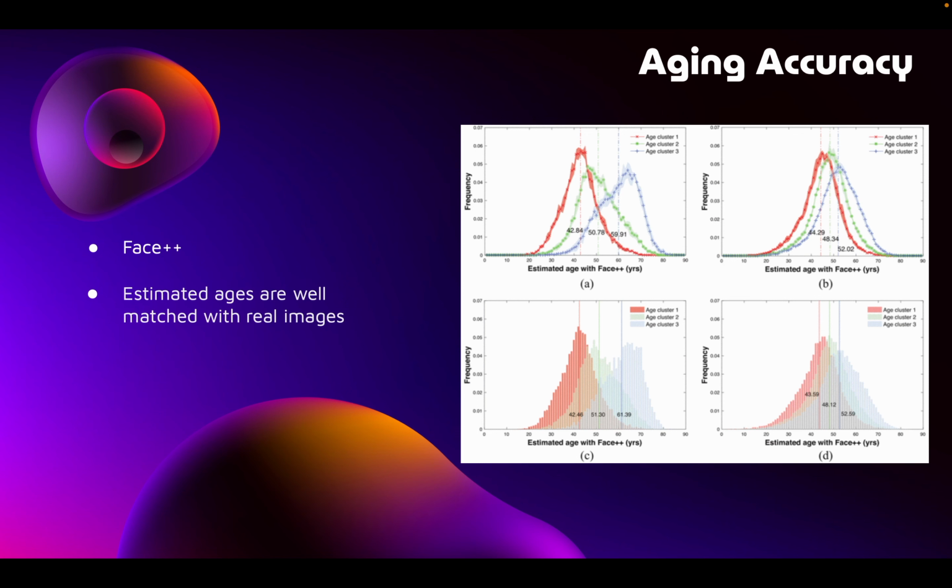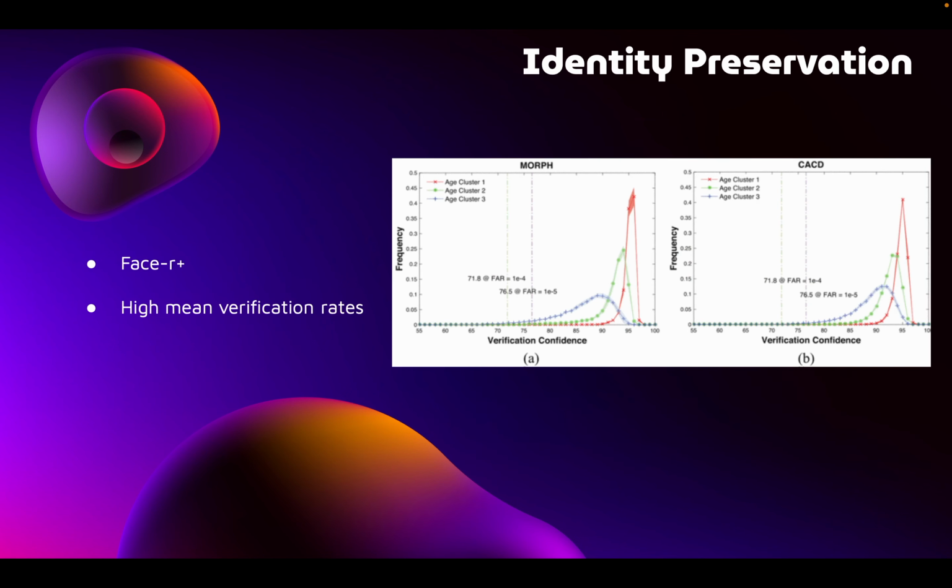Additionally, researchers used Face++ for age estimation. Estimated ages were well matched with real images, as we can see from the graphs on this slide. Also, researchers used Face++ in this case for verification. As we can see from the results, the mean verification rate is high, which confirms identity preservation.